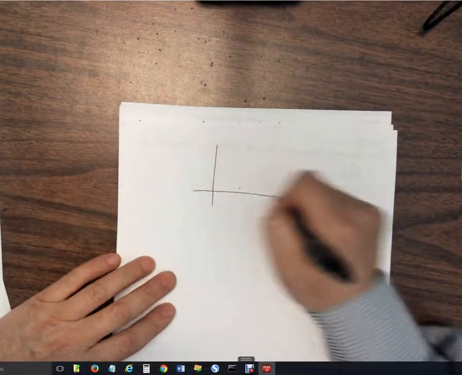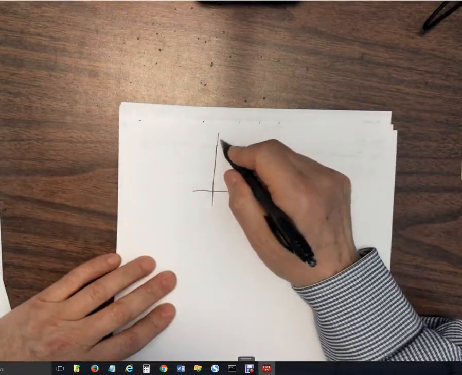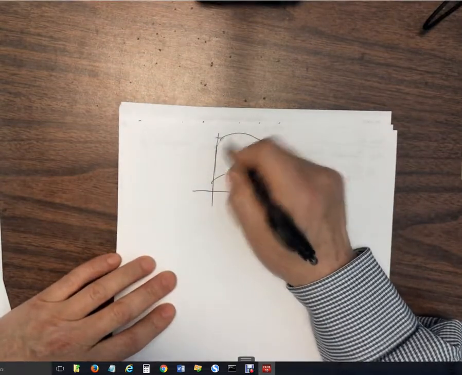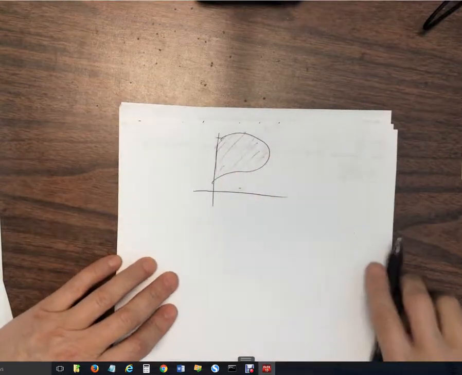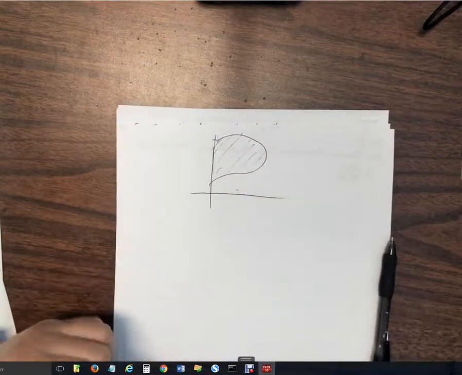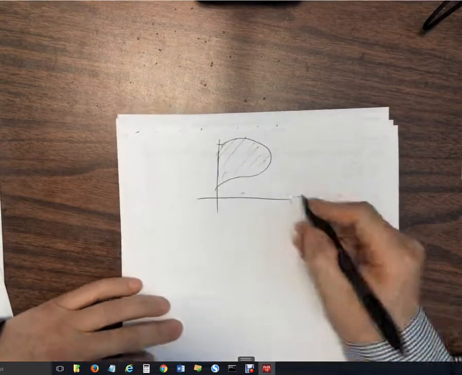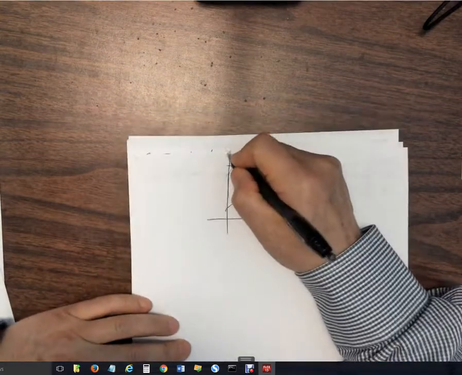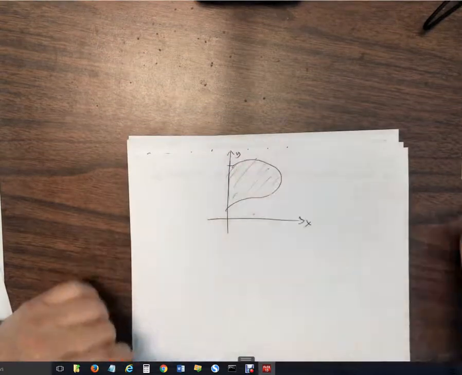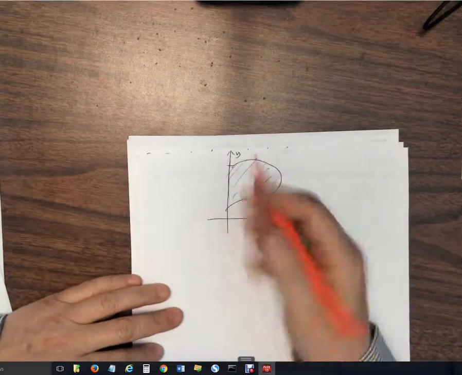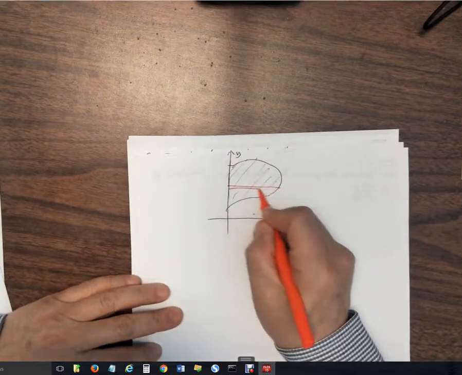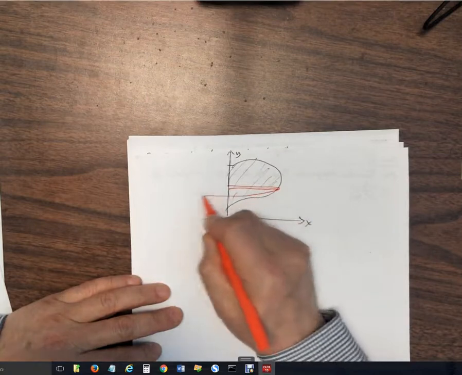Let's see another region. Say like this. Revolved around, this time, the y-axis. So we pick up a strip this time, revolve.